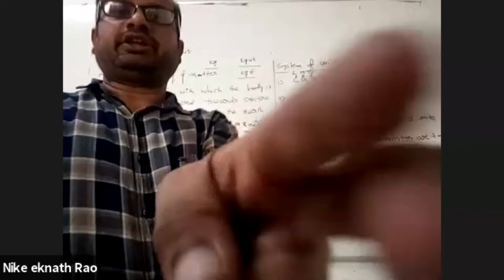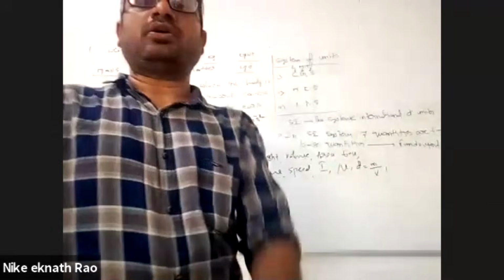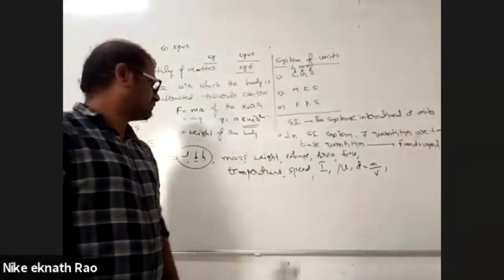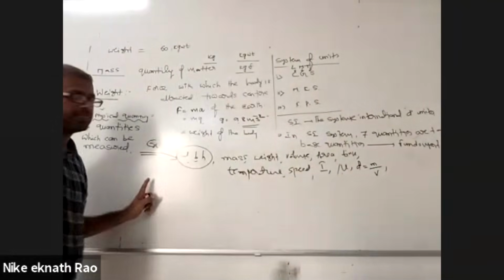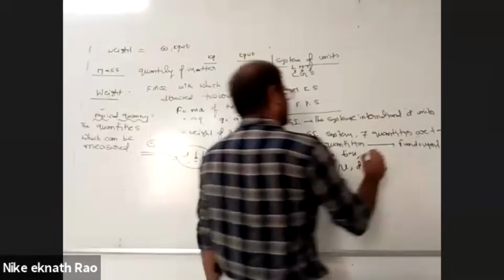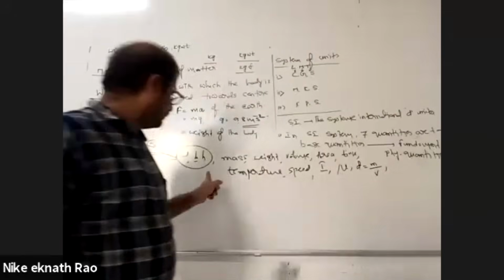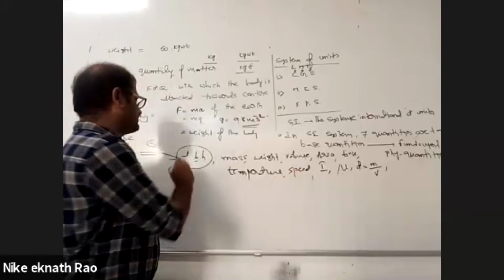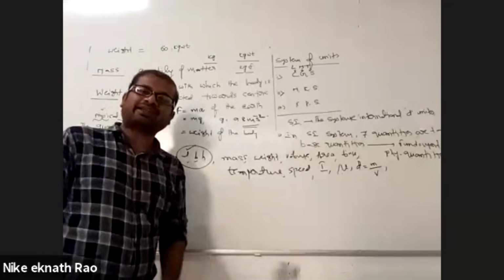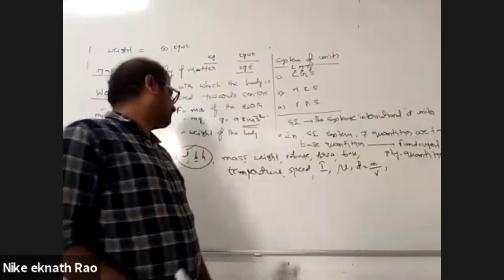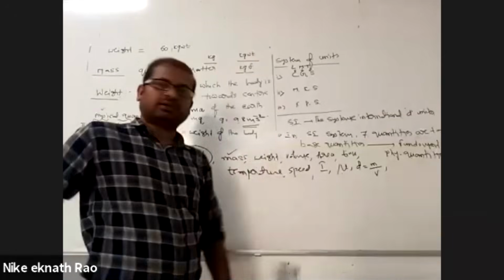So, in the case of physics, we have 7 fundamental physical quantities. What are they? You name some of them. Length is fundamental, defined standardly by the scientific community. Mass, fundamental.